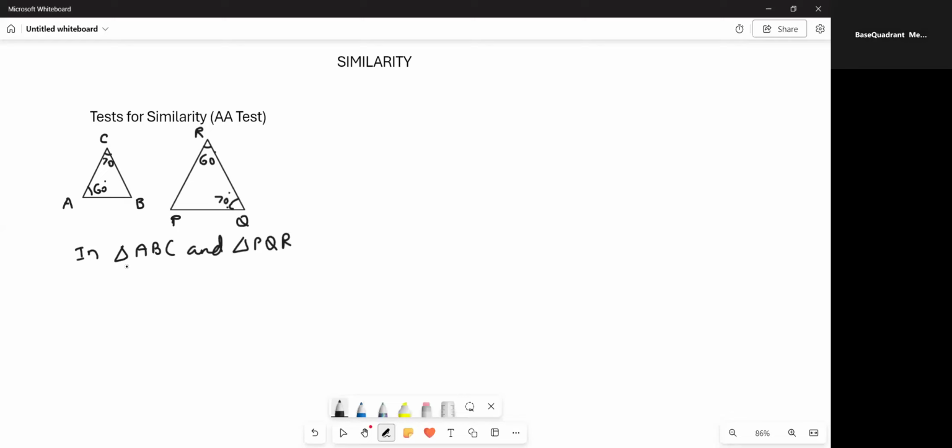So angle A is congruent to angle R. Angles are congruent, okay, triangles can be similar.